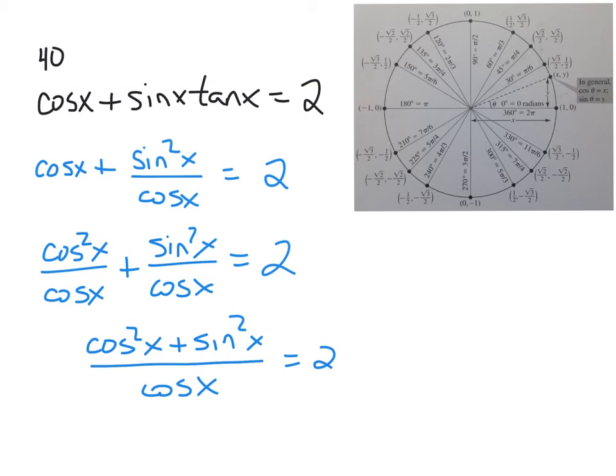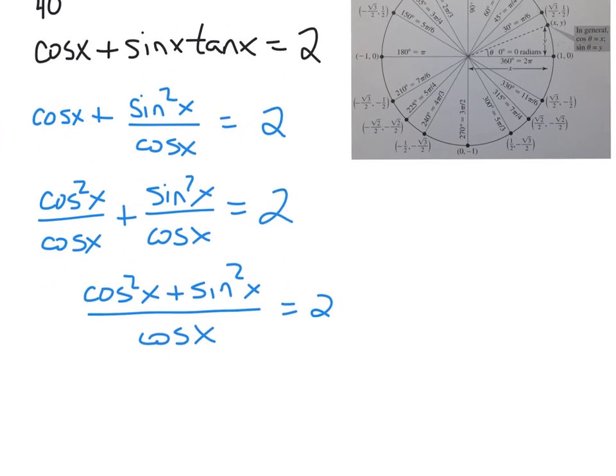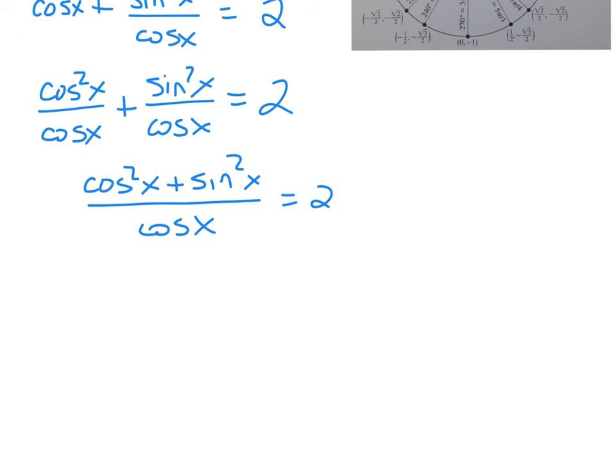And so we've gone from 3 different trig functions all the way down to, on this next step, 1. So that's a pretty good move. So then that would be 1 over cosine of x equals 2.